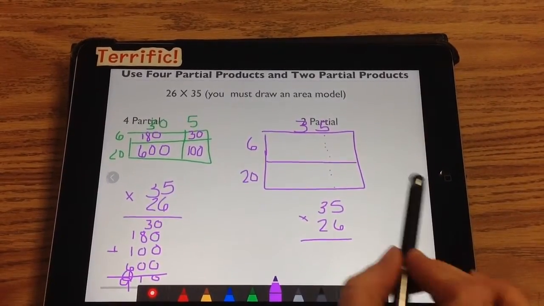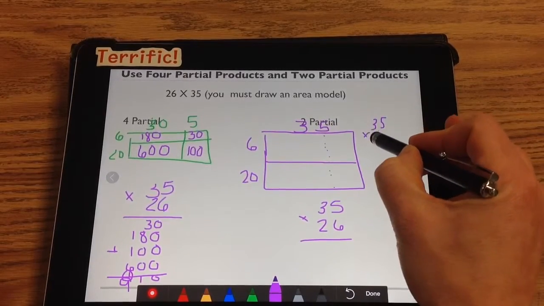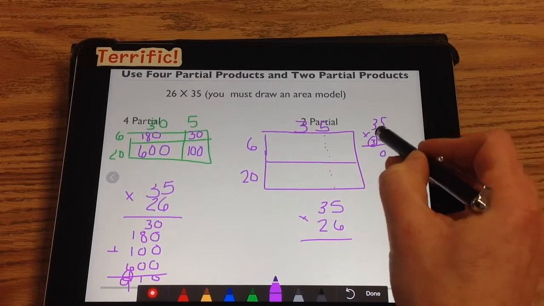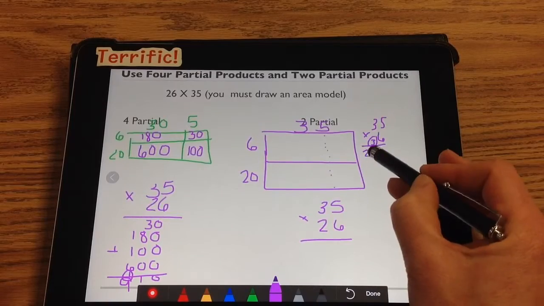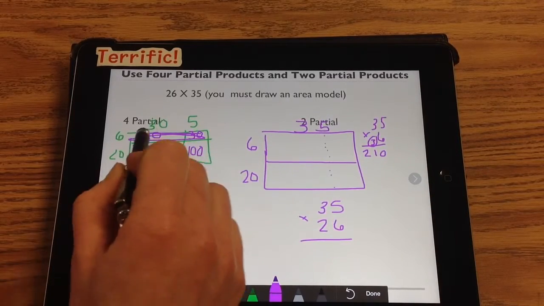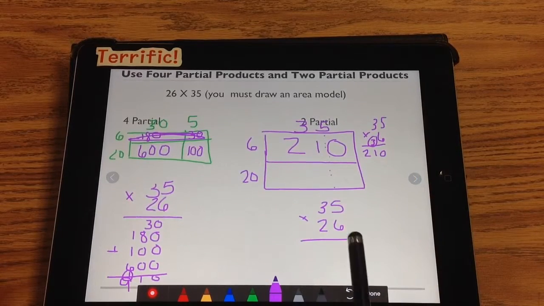So what we're really looking at here is 35 times 6, which is 6 times 5 is 30. 6 times 3 tens is 18 tens, plus 3 is 21 tens. This whole section right here is 210. So 6 times 35 is 210.